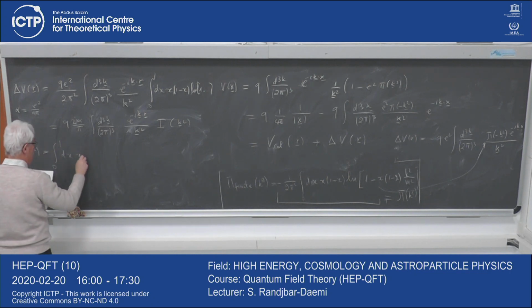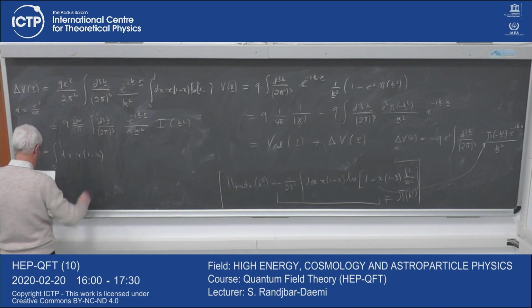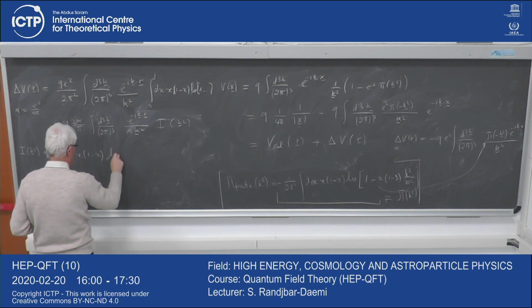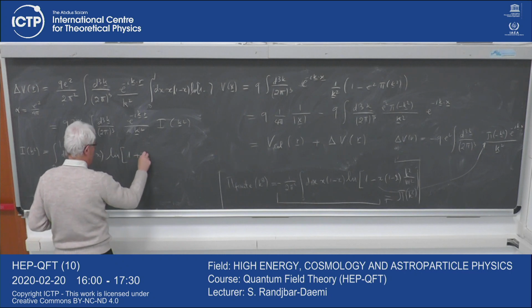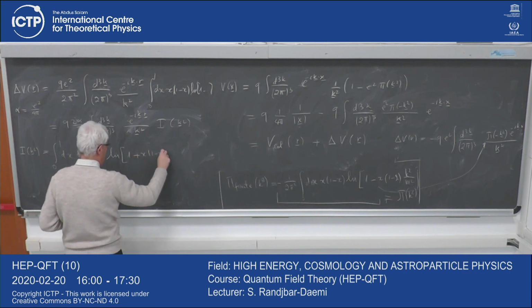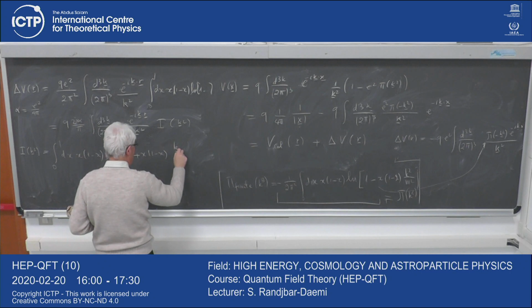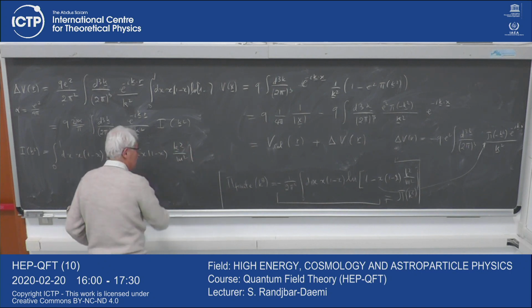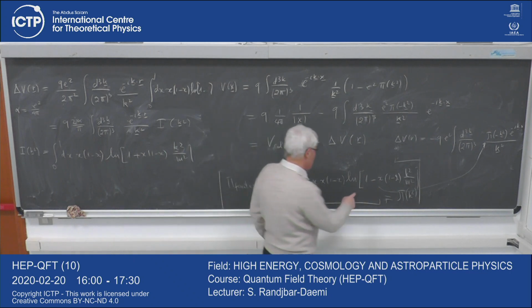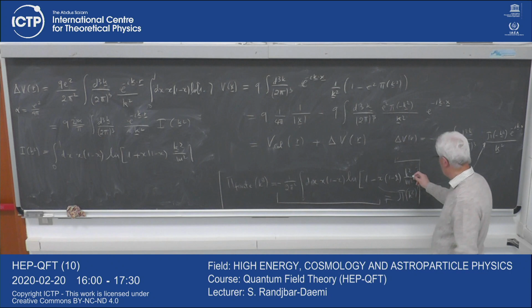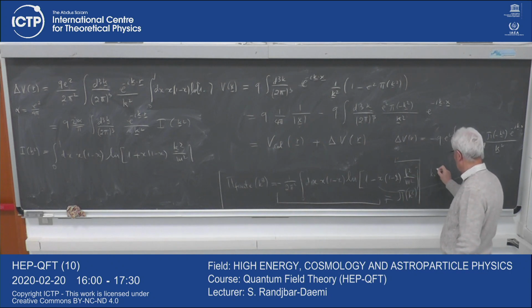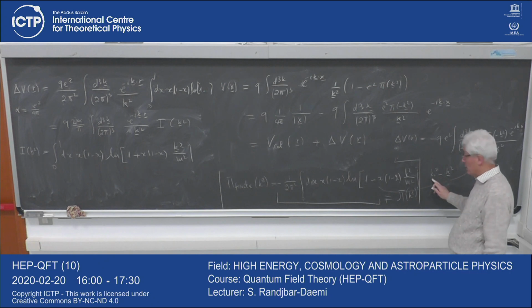That's the integral dx, x times (1 − x), times the logarithm of 1 plus x times (1 − x) times vector k squared divided by m squared. This sign changed from a minus here to a plus there because this k squared is k0 squared minus vector k squared, and k0 is 0 for us.